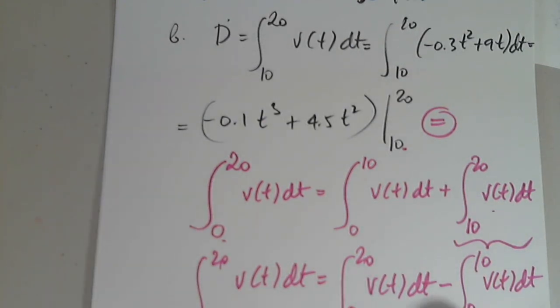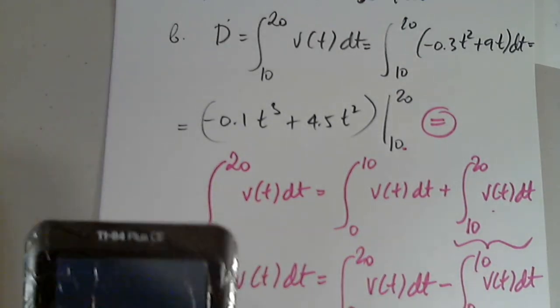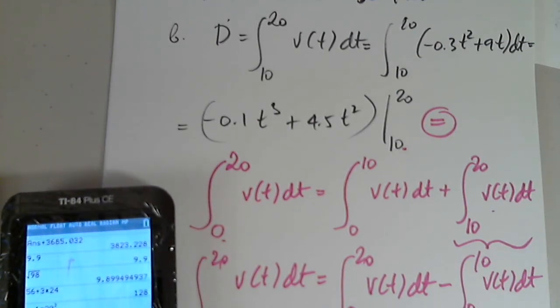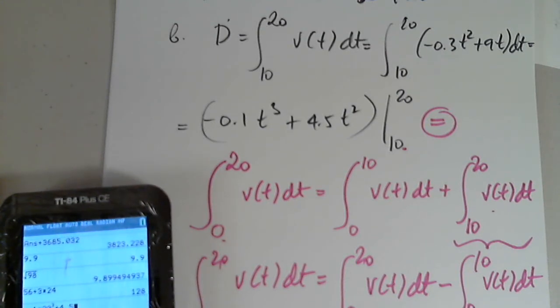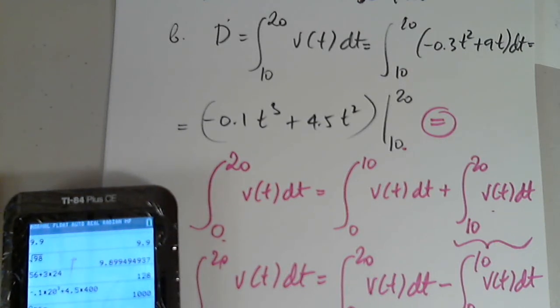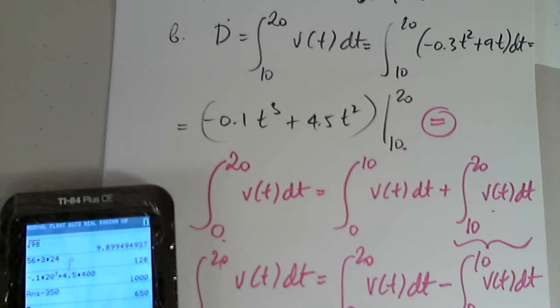Same thing, exactly like we could have determined just this and subtract. Okay. So negative 0.1 multiplied by 20 to the third power plus 4.5 multiplied by 400. Okay, did I put in everything correctly? Hopefully. And then minus 350, and I get 650.